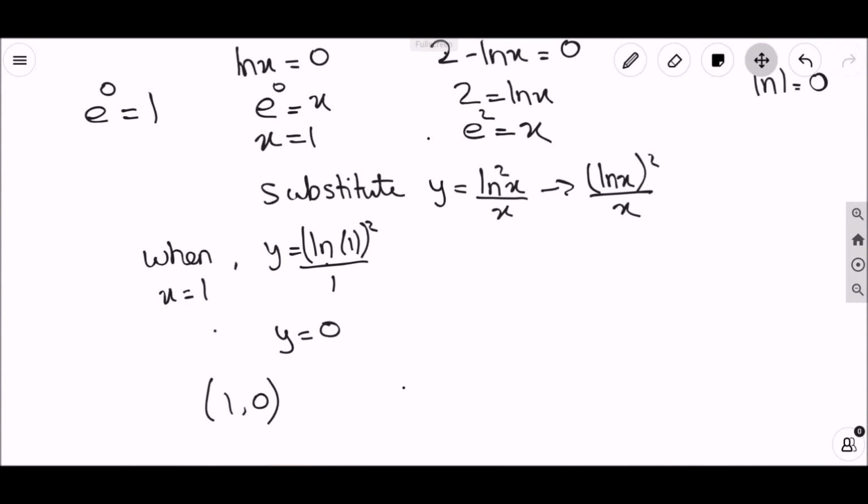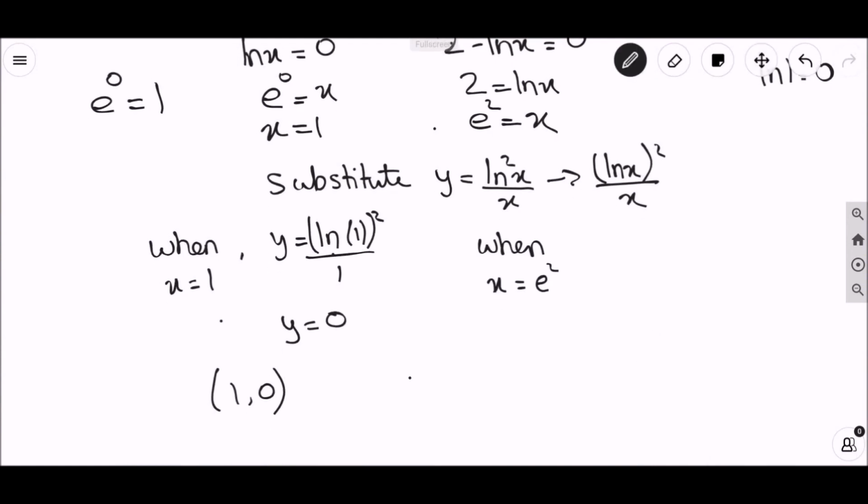Now we need to find the coordinates when x is equal to e squared. So when x is equal to e squared, y is equal to ln e squared, whole squared, divided by e squared. So it becomes 4 over e squared.